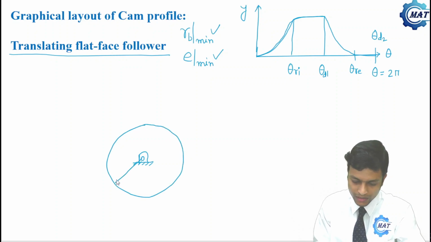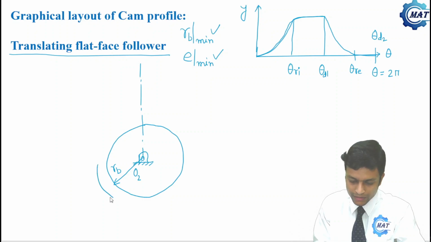This is the base circle of the cam, that is Rb, and the cam center is O2. If the cam rotates in the counterclockwise direction, then the offset has to be provided on the right hand side. So let us first draw the follower axis.